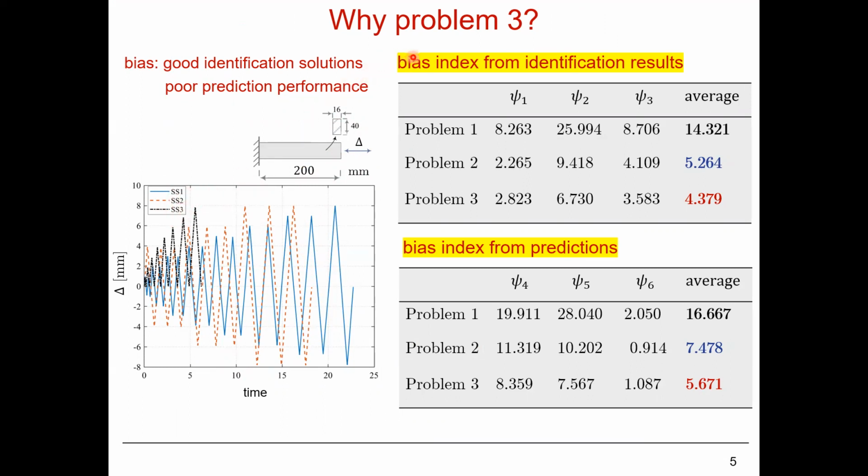We also propose a bias index to indicate the bias level, so that the larger the bias index, the higher the bias level. And we evaluate the bias index for the solutions to the 3 problems. Obviously here we can see that the solution from problem 3 provides the smallest values of the bias.